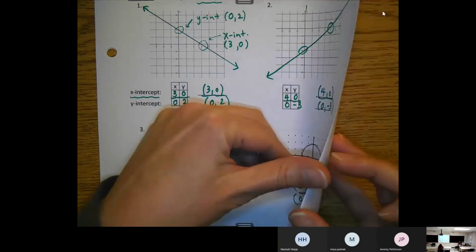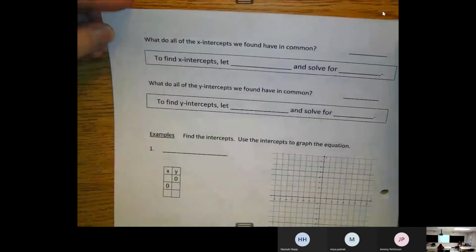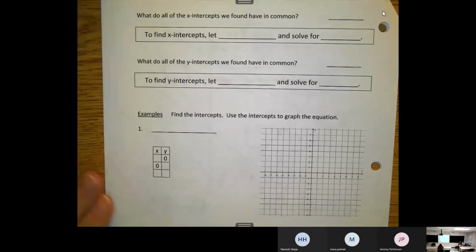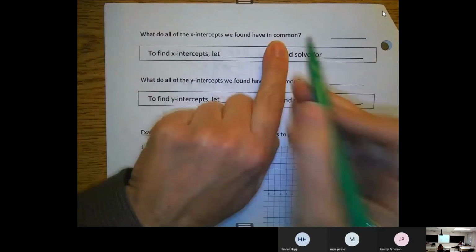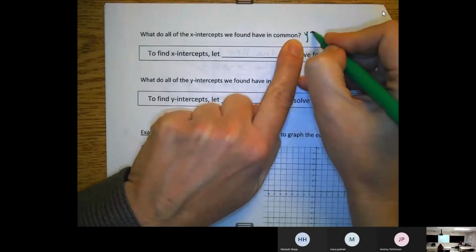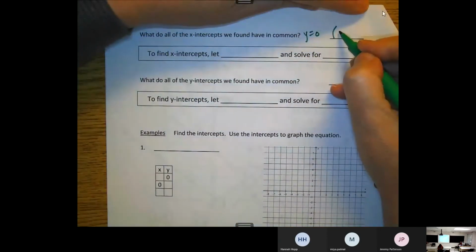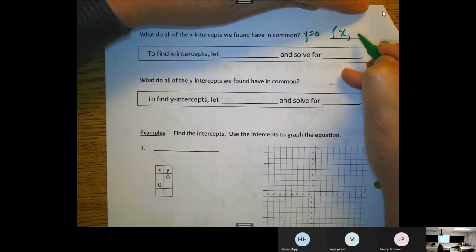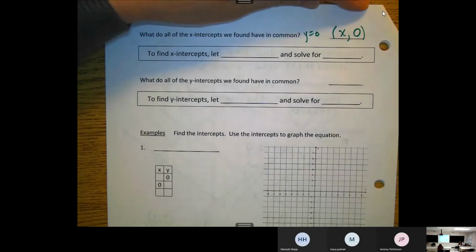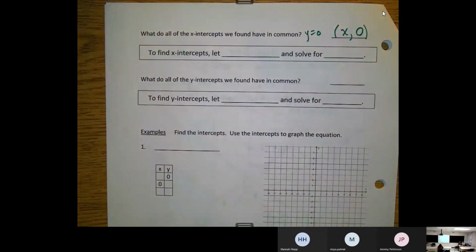That'll help us out when we flip the page, because we want to be able to find intercepts in other situations, not just from the graph, but also from an equation. So noticing that all the x-intercepts we found have that 0 for the y number, in other words, in the ordered pair, there's some x number first, and then there's always a 0 with it, that'll help us find x-intercepts using an equation.